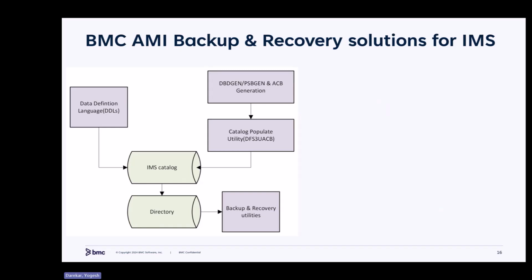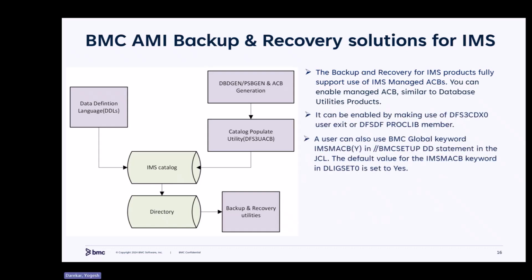Once it goes to the directory, our backup and recovery utilities can read through managed ACB mode. In a similar way, you can also populate your catalog and directory using DDLs.